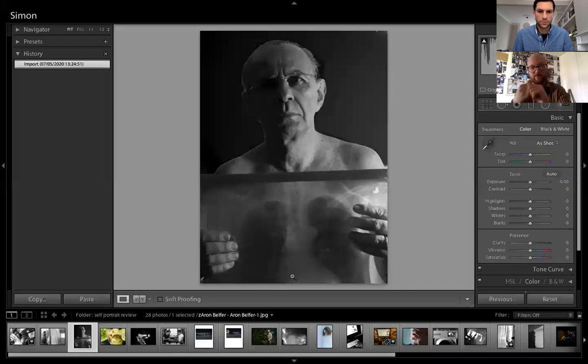This image I think is quite interesting, because there's a lot of connotations around the X-ray film. It's very dramatic. Any technical aspect of the lighting aside, there's a very stark mood.